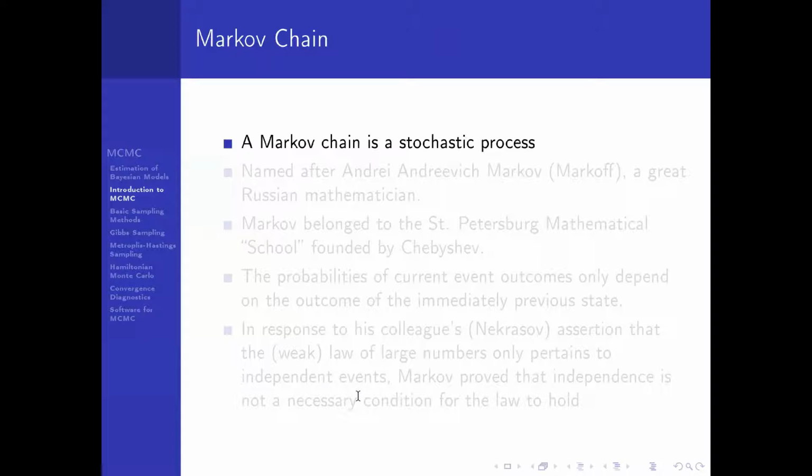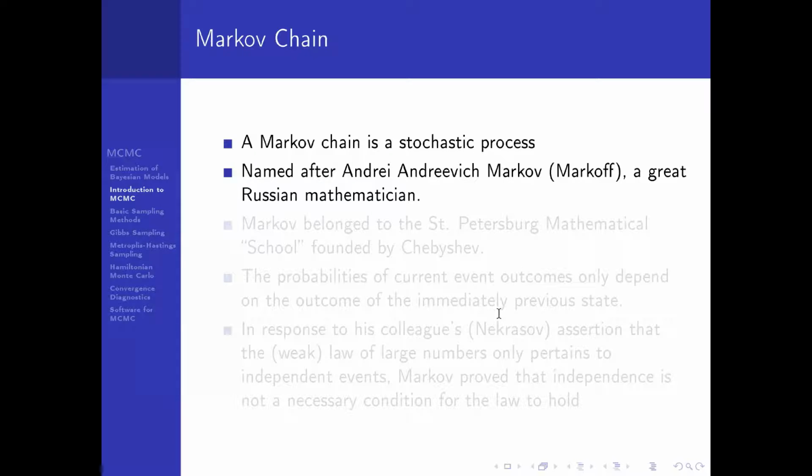So what is Markov chain? Here again, I will not get into the very technical part of Markov chain. What I'm trying to do is to give you a layperson description of what Markov chain is, how it was derived, and the general application. So a Markov chain is a stochastic process.